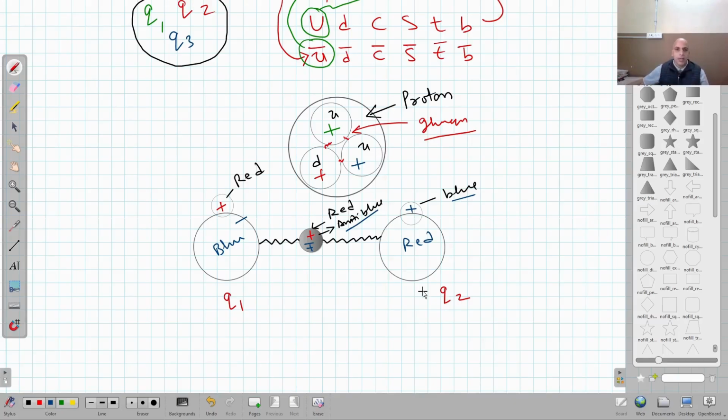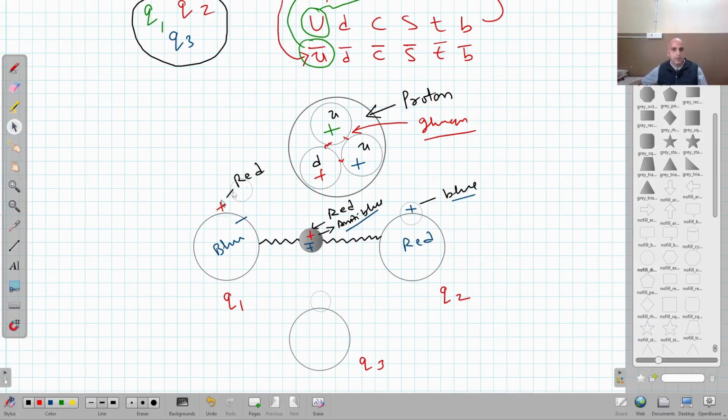I'm now drawing the third quark here. This is the third quark, Q3.